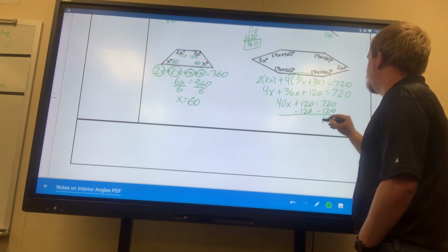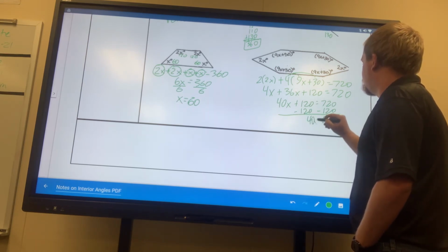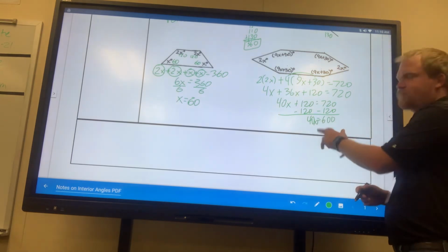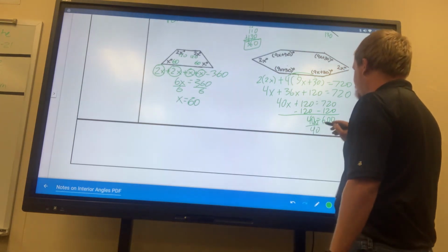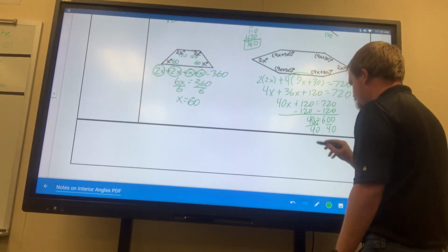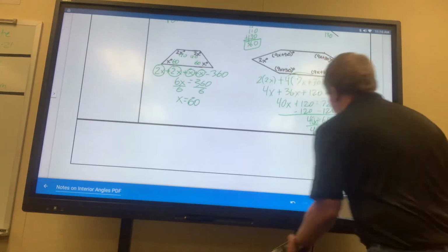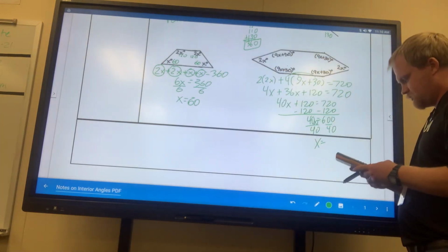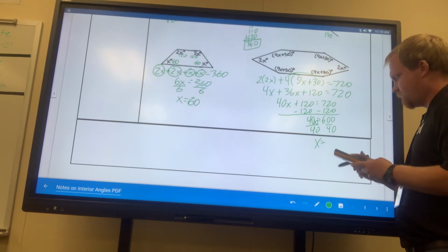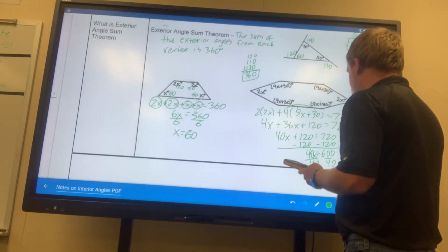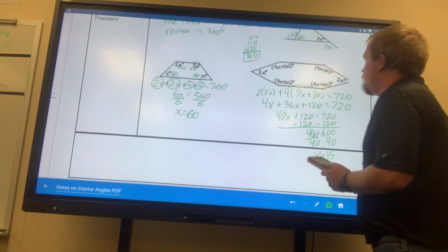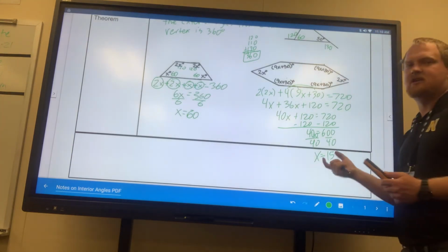That gives 600. So I have 40x equals 600. I want to divide by 40 on both sides. x is going to give me 15. So now each x is 15.